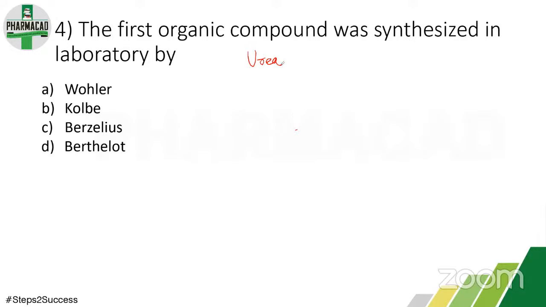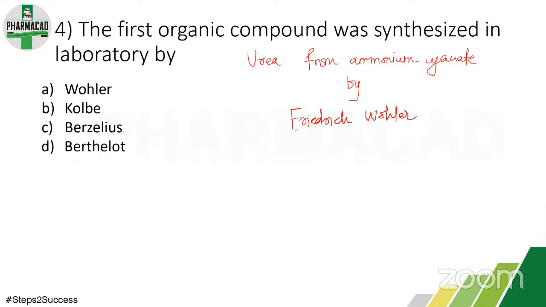Okay, and the preparation of this urea from the ammonium cyanide is by German scientist, that is Friedrich Wöhler.